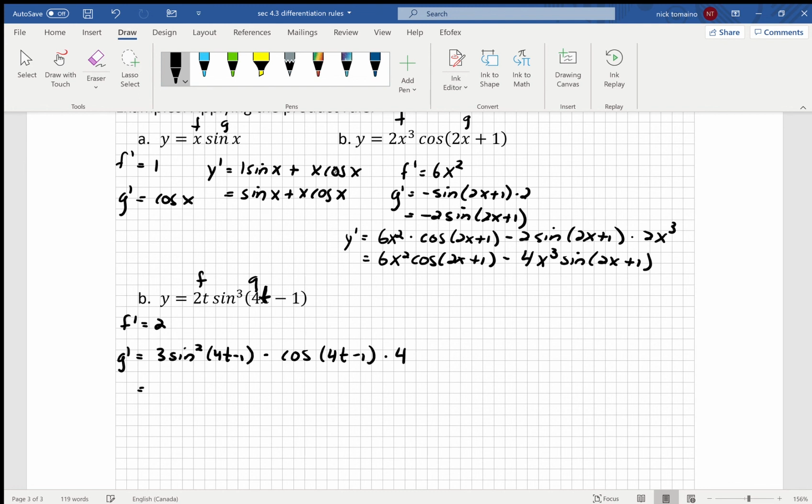That's equal to 12 sine squared 4t minus 1 cos 4t minus 1.